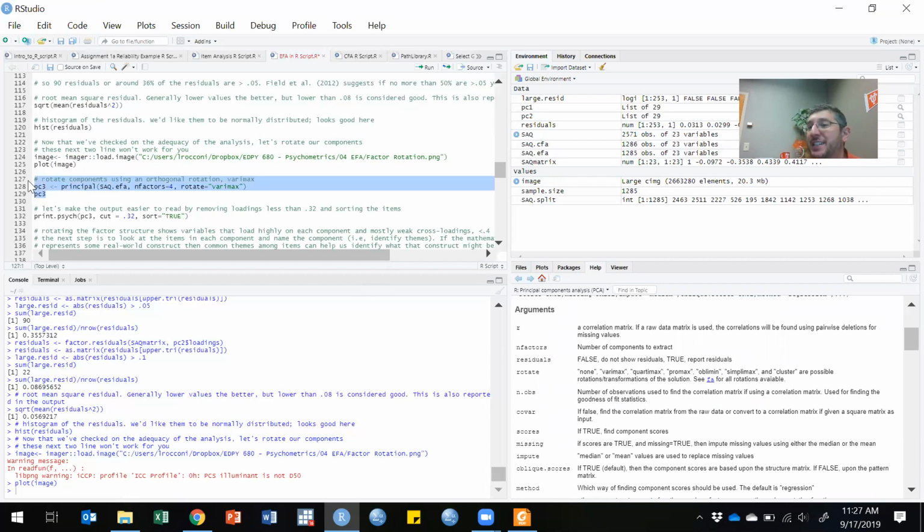A lot of times it's discipline specific too. A lot of people typically use Varimax or typically use Oblimin. Those are the two main ones I see. I think Varimax is probably the most popular orthogonal, and Oblimin is probably the most common oblique rotation.